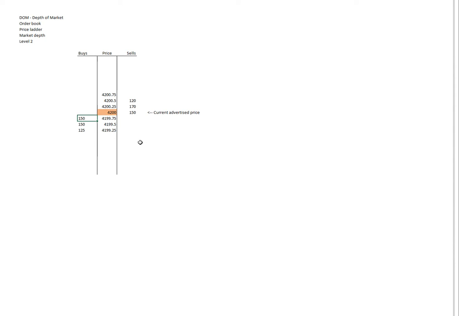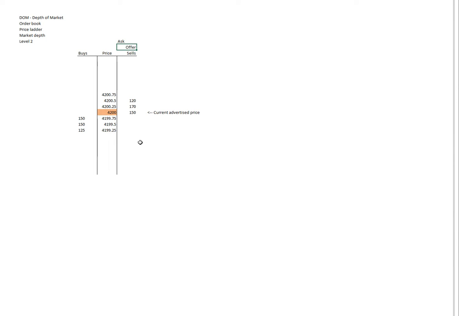What these are called on the left and on the right are the resting orders. And so what you've got here is because 4,200 is being advertised, we can see that on the right-hand side, we've got sellers who are lined up here, and at 4,200 there are 150 contracts that are up for offer, that are being sold.